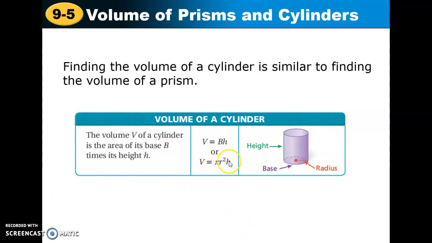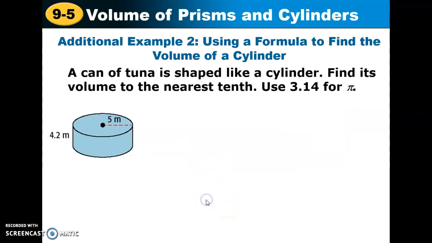So we're going to take the area of that circle to represent our base and multiply it by height. So when you write your formula down for cylinder, I wouldn't even write this first one down. That's just a generality. So write down volume of a cylinder equals pi r squared times height, or h. Okay, that should go on a note card as well.